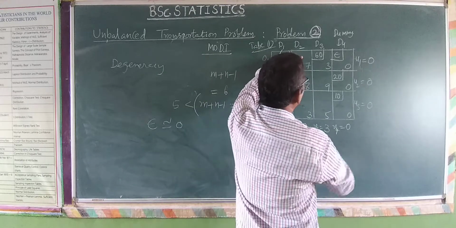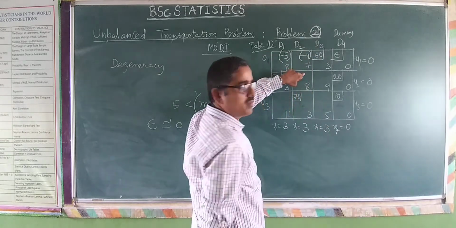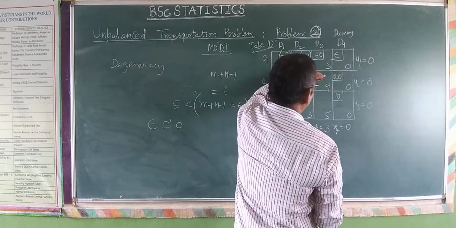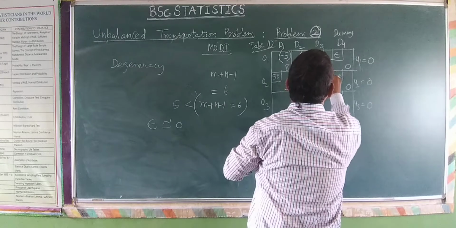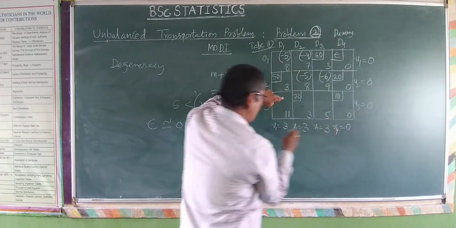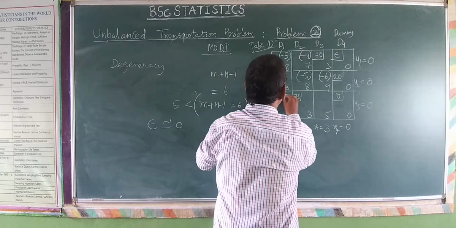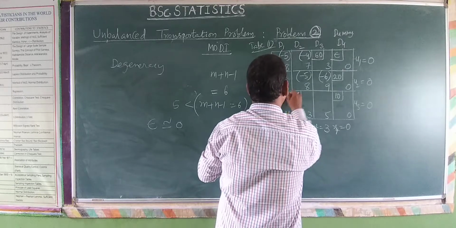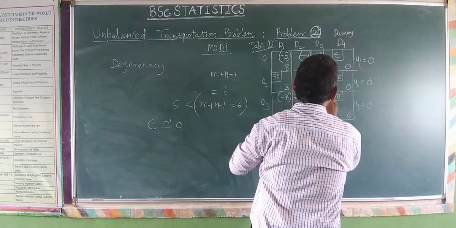So 0 plus 3 minus 7, minus 4, and next one is a non-basic cell, 0 plus 3, minus 8, minus 5, 3 plus 0, 0 plus 3 minus 9, minus 6, and this is another non-basic cell. 0 plus, Ui is 0, Vj is 3, 0 plus 3, 3 minus 11, minus 8, not 7, and this is 0 plus 3 minus 5, minus 2.